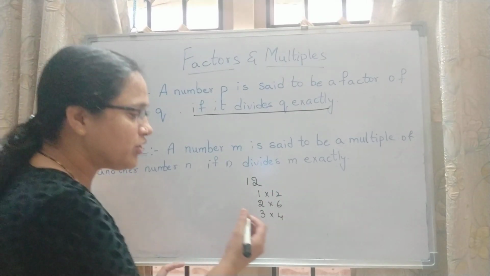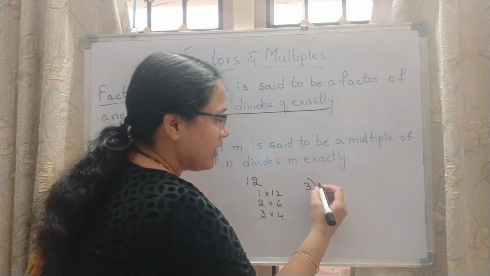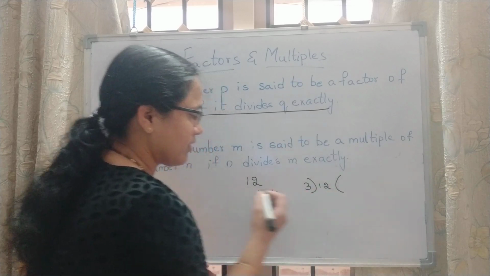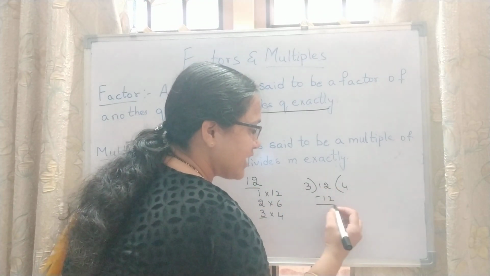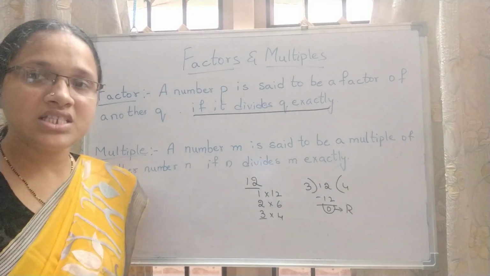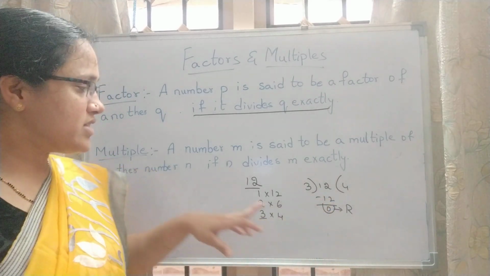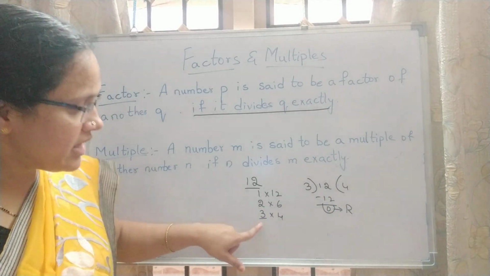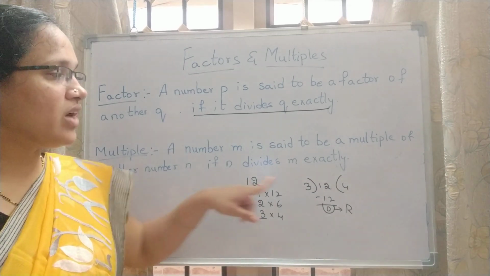If you take any of these numbers, say 3, it will divide 12 exactly. Exactly, as I told you in the previous videos, means it leaves a remainder 0. So 3 is said to be a factor of 12 if it divides 12 exactly.